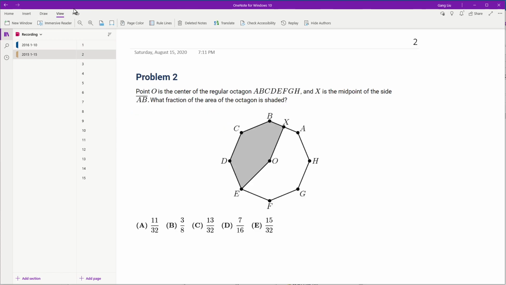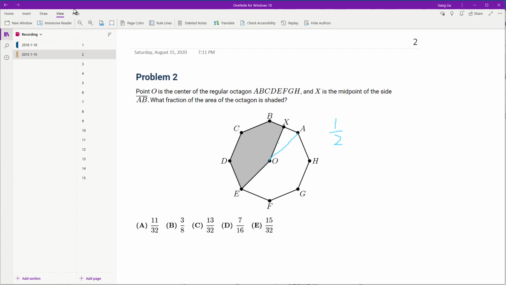Problem 2. Point O is the center of the regular octagon ABCDEFG, and X is the midpoint of the side AB. What fraction of the area of the octagon is shaded? We connect OA, and this is 1/2.